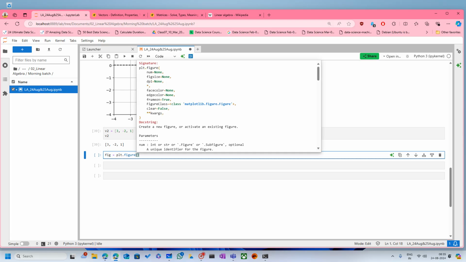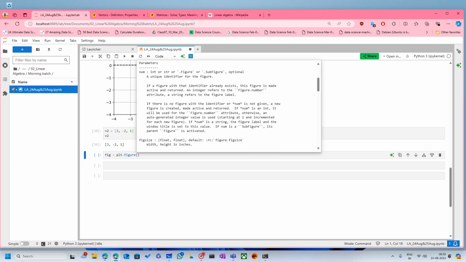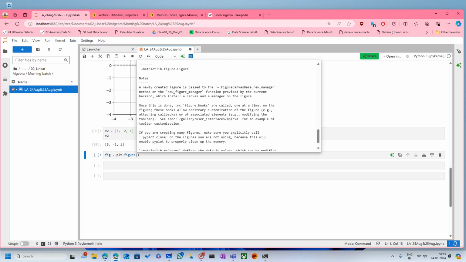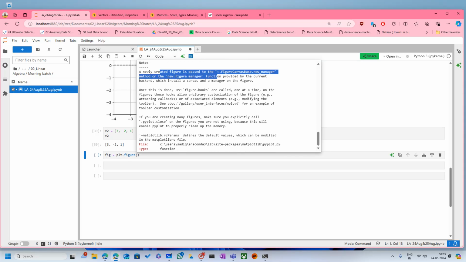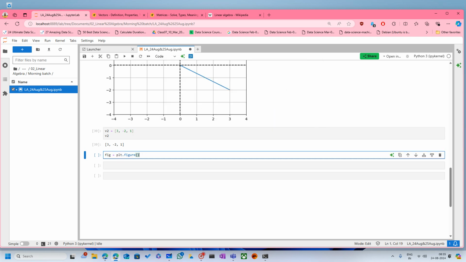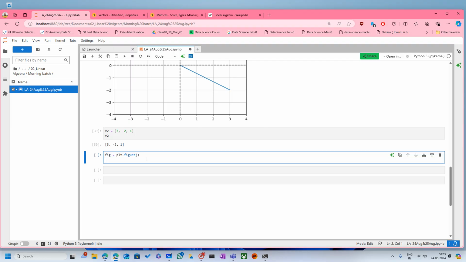This figure method is used to create a new figure or activate the existing one. How it works is all explained here. You don't have to know all of that, but just remember that you have to call that, and to that you have to add an additional axis.